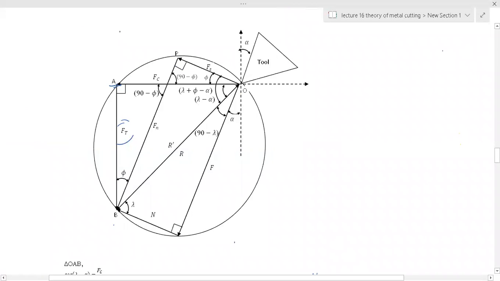So what you have to do, already this Fs and Fn we got. Now we are trying to find F and N. So what we did right now, we extended it like this, and this line, right?